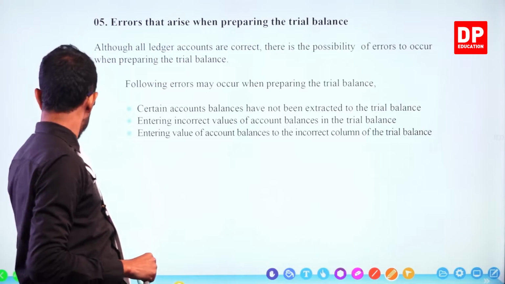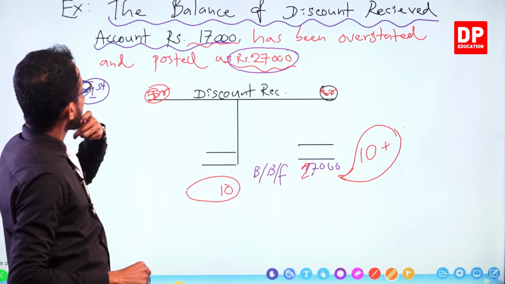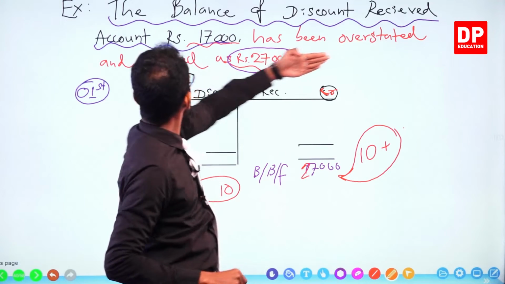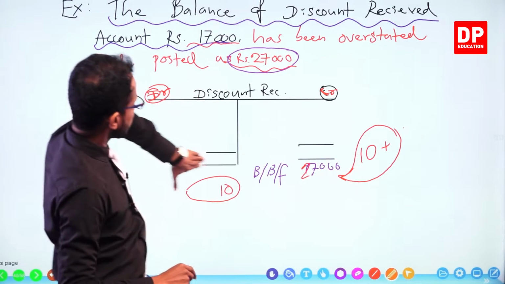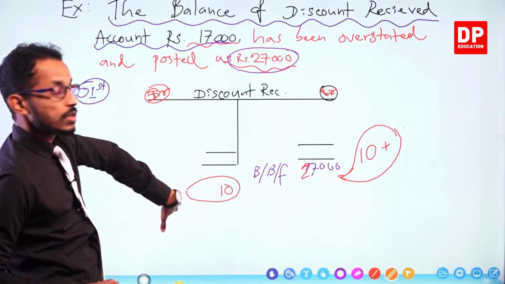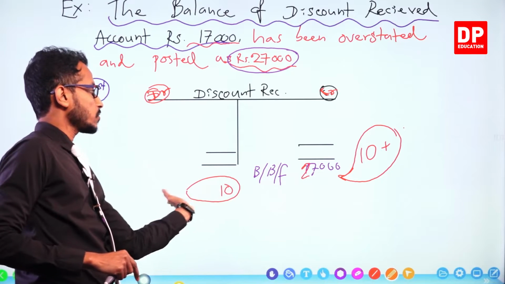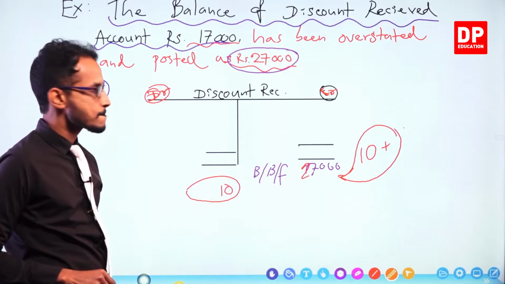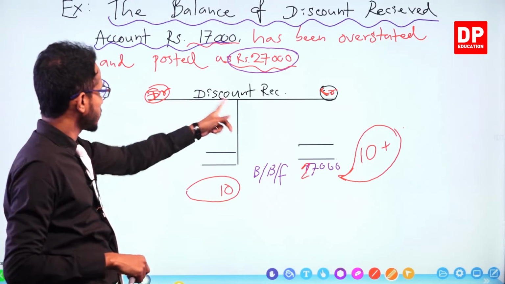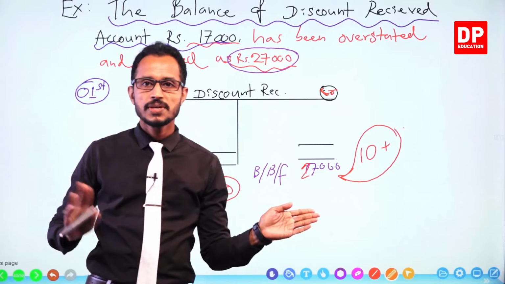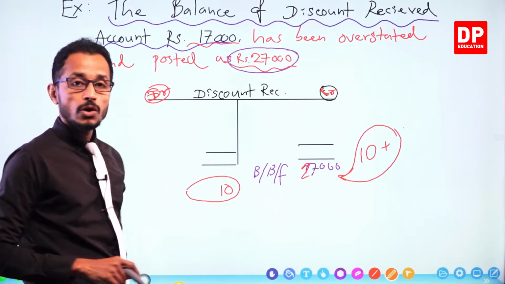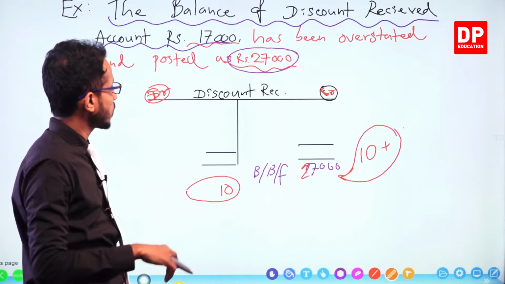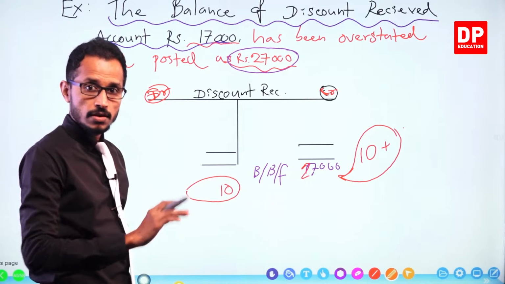Here in this error, discount received account is overstated by 10,000. So we deducted that 10 by putting it to the opposite side. Discount received debit, suspense credit.